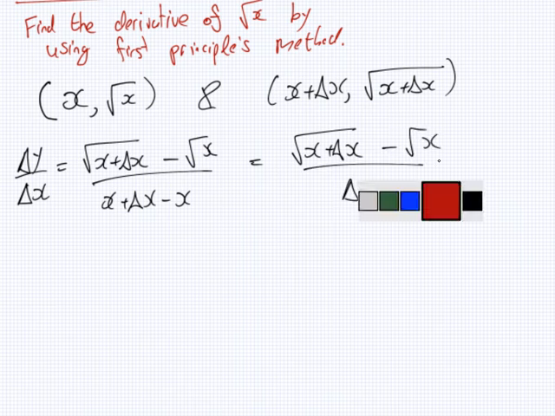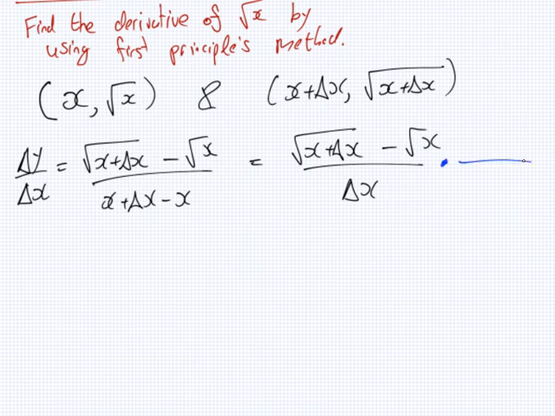And the trick here, you were talking about it a moment ago with me, is to multiply the top by root x plus delta x plus root x, and multiply the bottom by root x plus delta x plus root x.